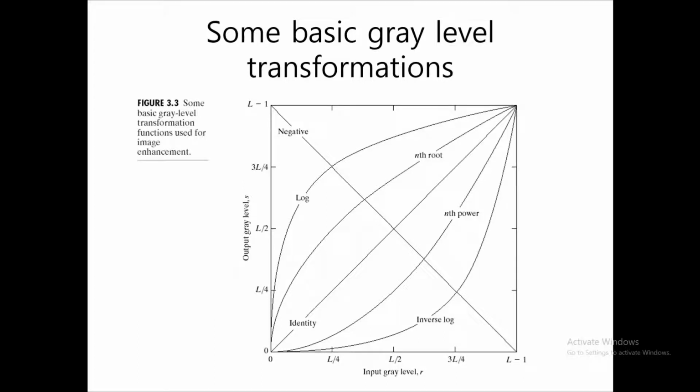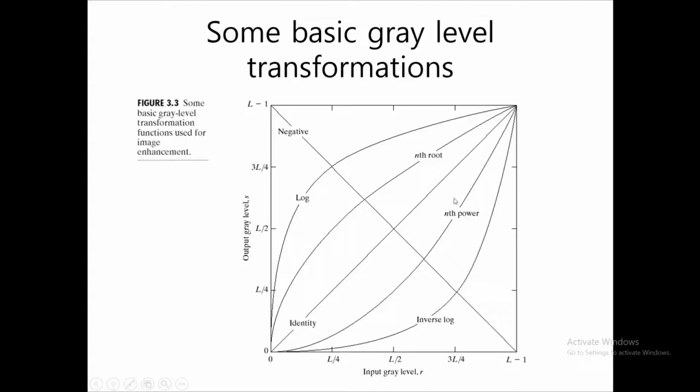We can see here the linear, that is the identity function, which is the straight line, and we can see the log on the upper side of the straight line, and the inverse log or nth power, which is given by the power function, and the nth root also gives us a power function, and log is represented here.